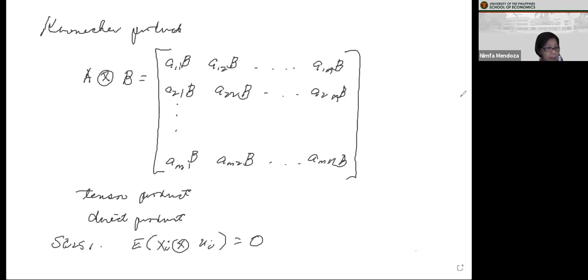X sub I is G by K, and U sub I is G by 1.